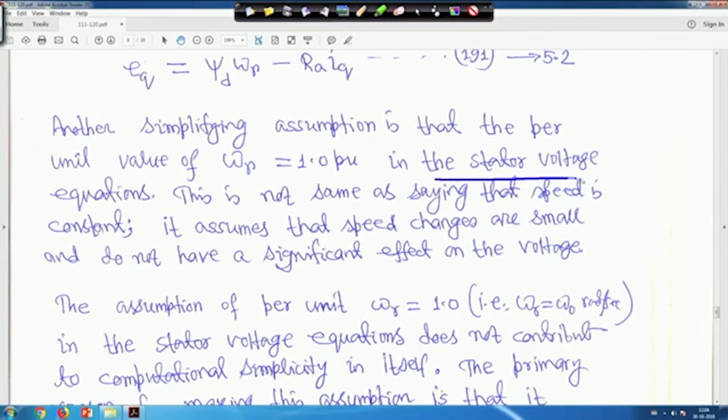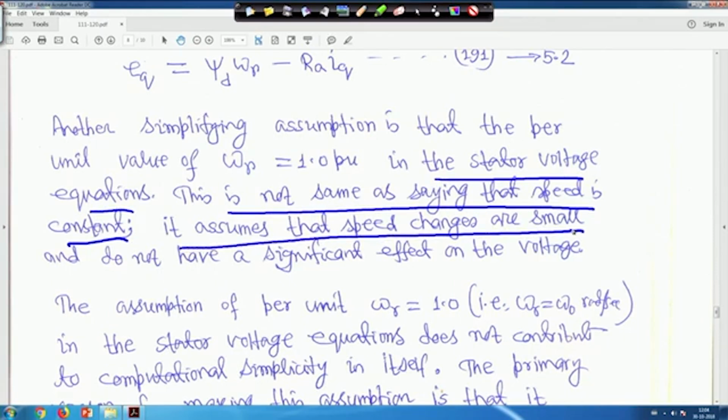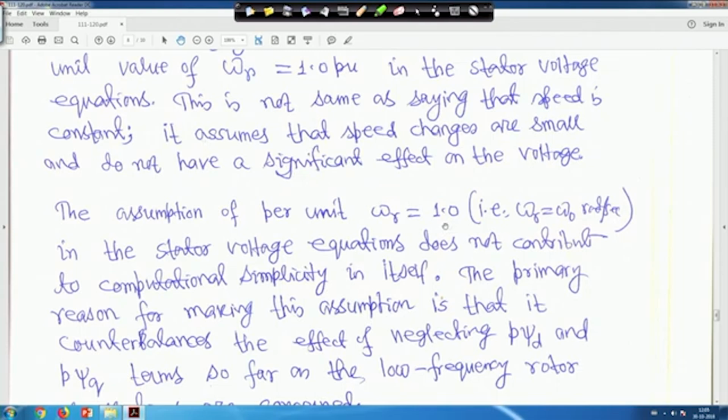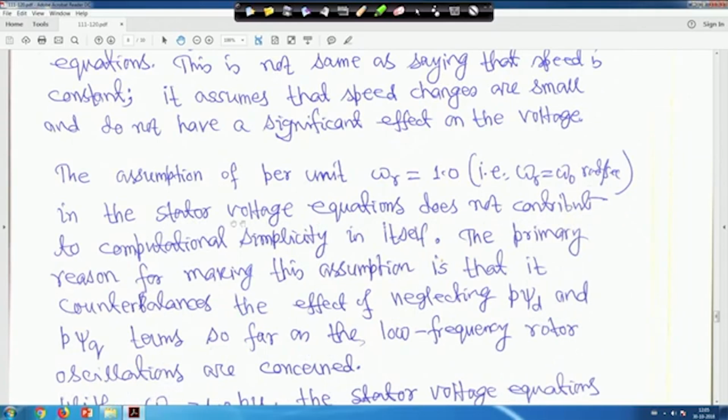The assumption that per unit omega r is equal to 1, that is omega r equals omega 0 radian per second, in the stator voltage equation does not contribute to computational simplicity in itself.